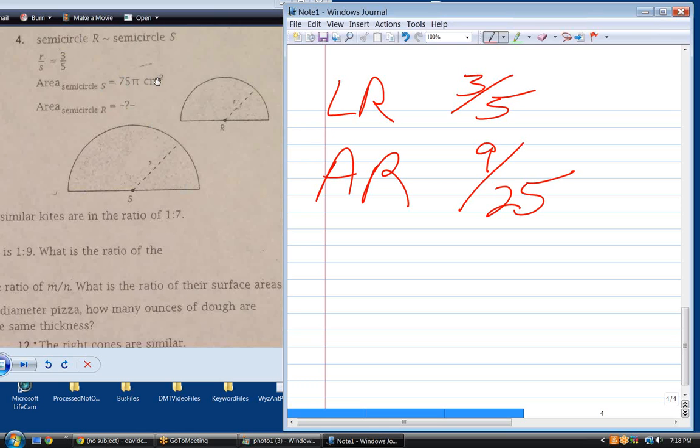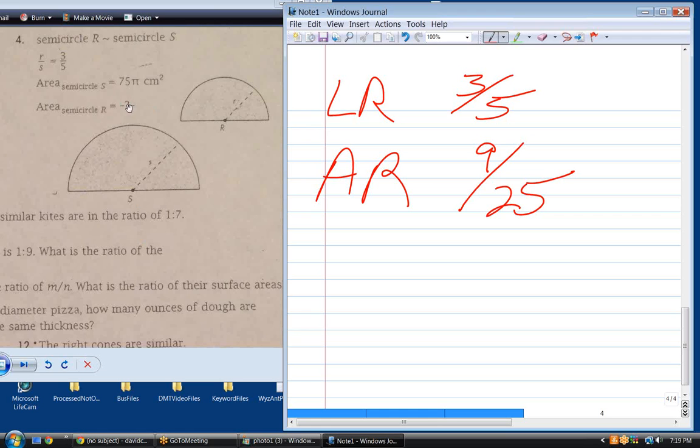And if the big circle is 75 pi centimeters squared, what's the small circle going to be? Or how am I going to get it? Well, 75 is like third out of 5.